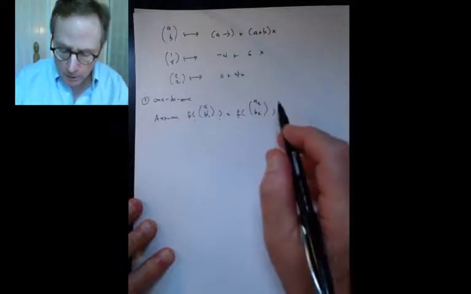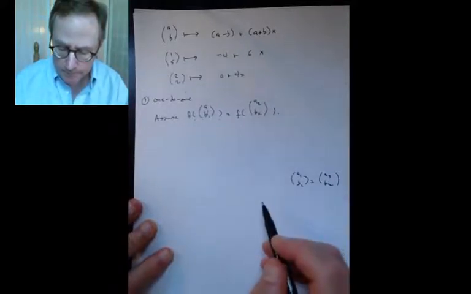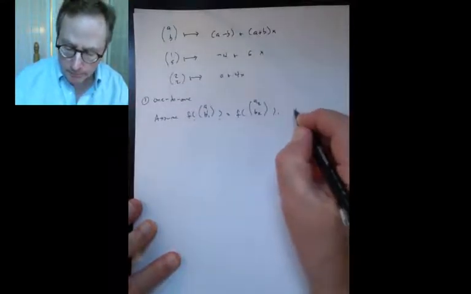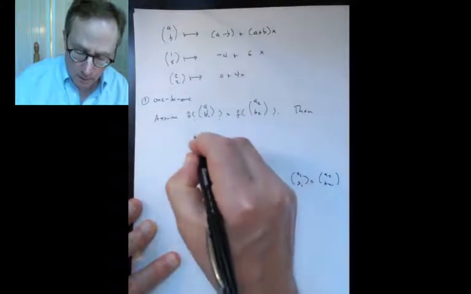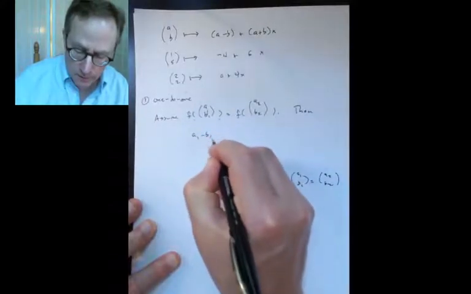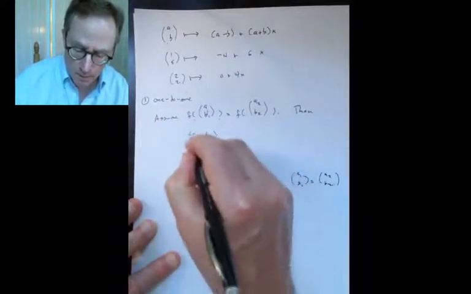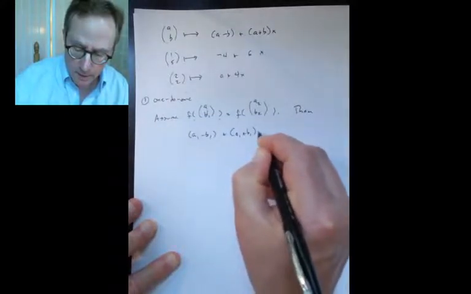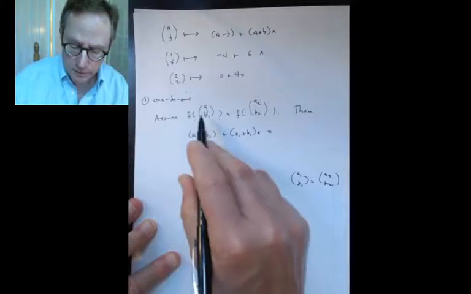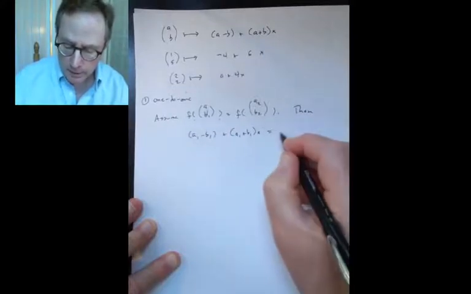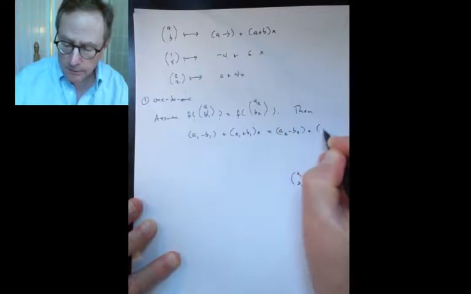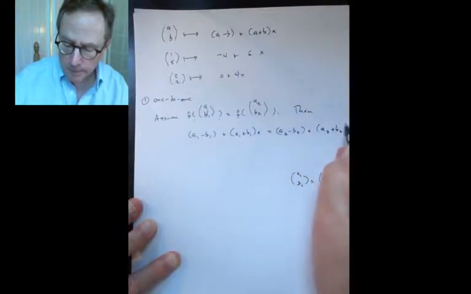Okay, so let's see here. F of (a1, b1) is what? (a1 minus b1) plus (a1 plus b1)x, that's this part here, and then this part here is (a2 minus b2) plus (a2 plus b2)x.